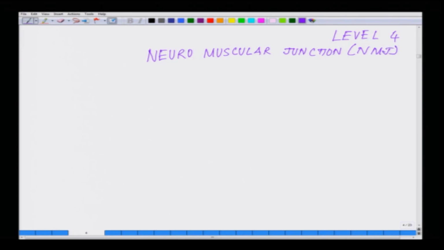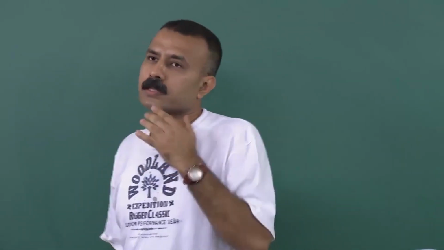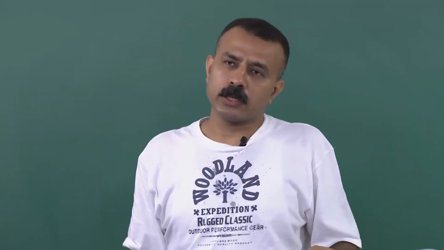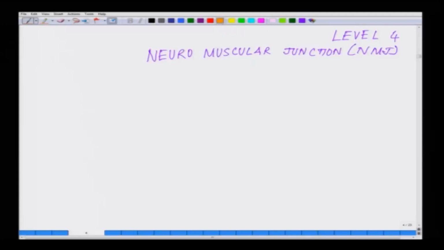So, the neuromuscular junction in pretty much all of the vertebrates is regulated by a specific kind of neurotransmitter called acetylcholine. Barring aside some of the neuromuscular junctions present in Drosophila, which are driven by glutamate kind of neurotransmitters. We will not take those exceptional cases into account, we will only talk about the acetylcholine based nerve muscle junction, where your alpha motor neurons are coming, and let us represent the alpha motor neuron by red.